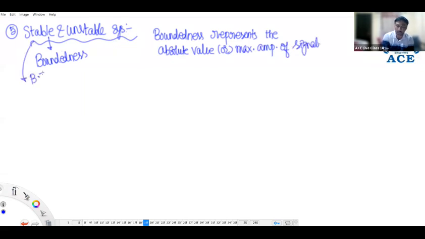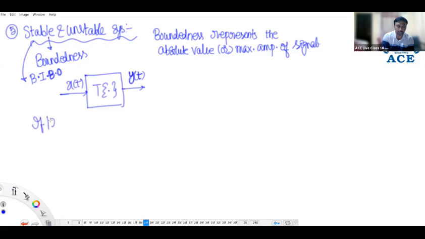In the time domain, we call the stability condition BIBO, bounded input, bounded output. What does it mean? If you take a continuous time system, with input x of t and output y of t, the mathematical way of saying BIBO is this.